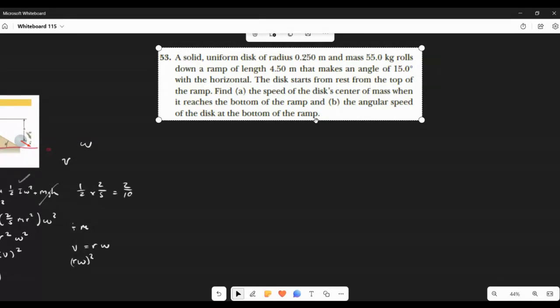What I also want you to do is determine, at C, the total energy at the top and bottom.